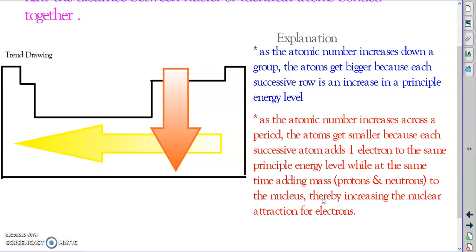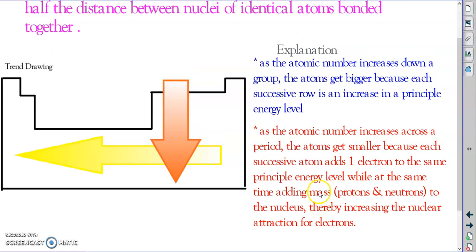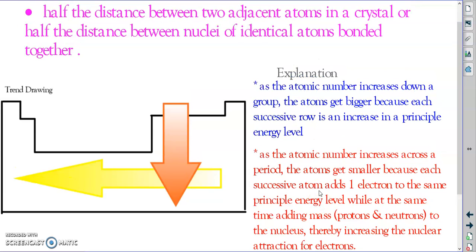That additional stuff in the nucleus pulls in those layers of electrons with its attractive force, thus making the atom smaller. So why don't you take a moment, copy these notes, and when you're ready, go to the next slide or restart this.